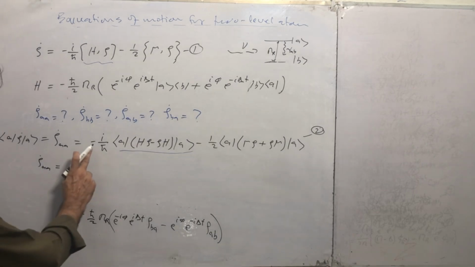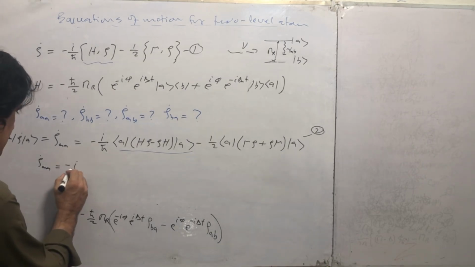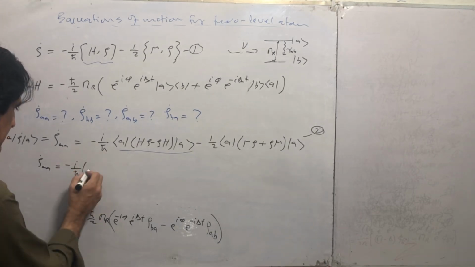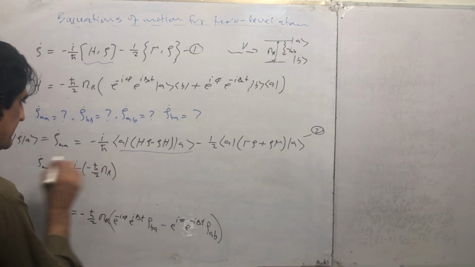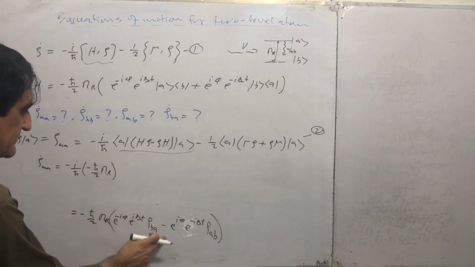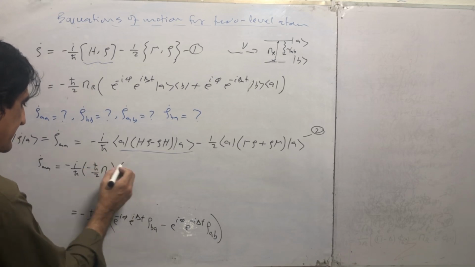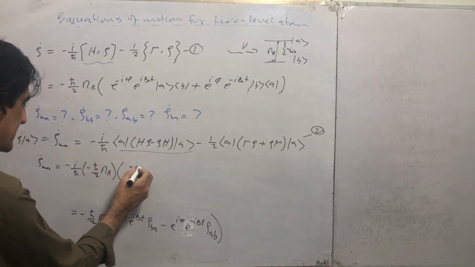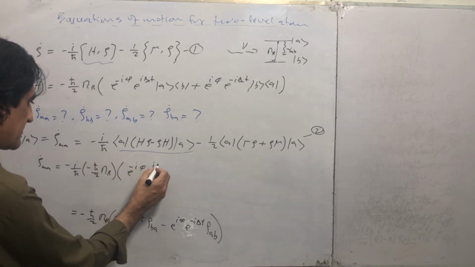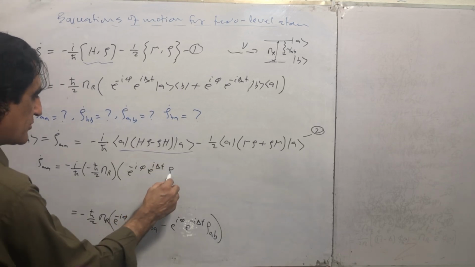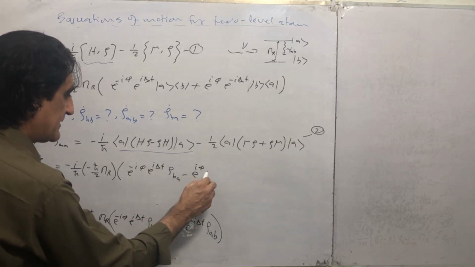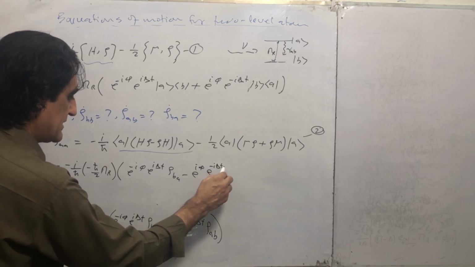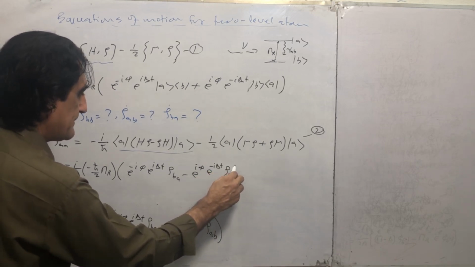Equal to, if we put the value here, minus i divided by ħ, here minus ħ divided by 2, Ω_R, and the value of this we have already calculated, and this is e to the power minus iφ, e to the power iΔt, ρ_BA, minus e to the power iφ, e to the power minus iΔt, ρ_AB.